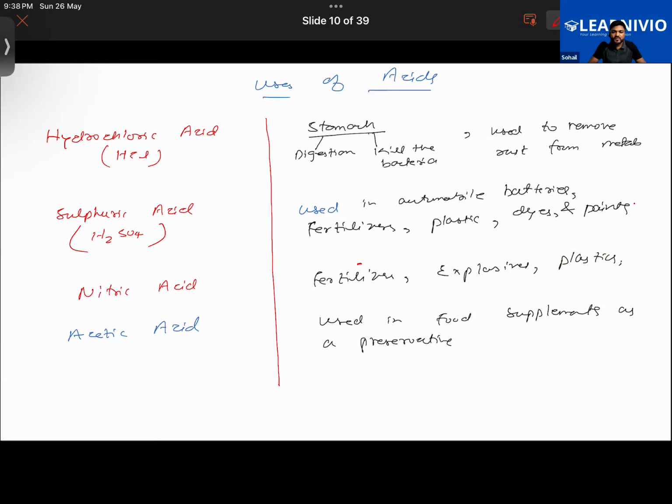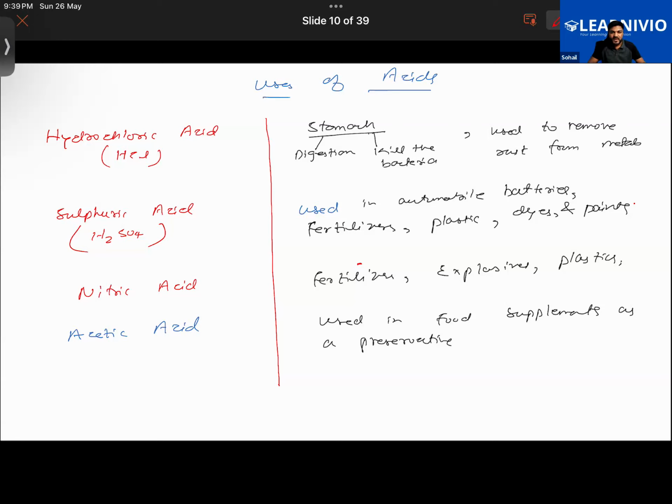Once we are completed with bases, and once we discuss acids, then we will move to that part of the chapter where we will be learning about indicators also. What are the different types of indicators we have? We have some natural indicators, and some synthetic indicators. We are going to learn about them in detail.